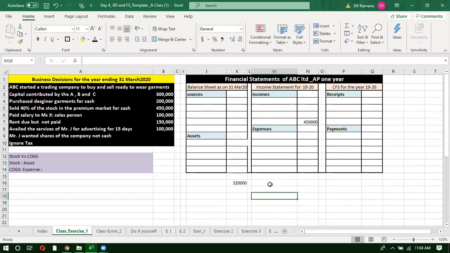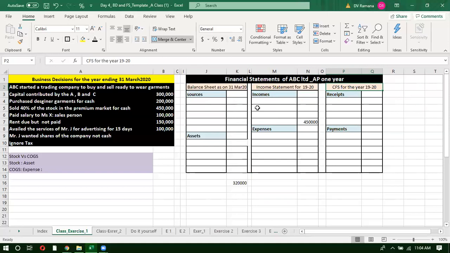The financial statements will show the balance sheet, income statement, and cash flow statement. So we'll examine the effect of each item on these financial statements.